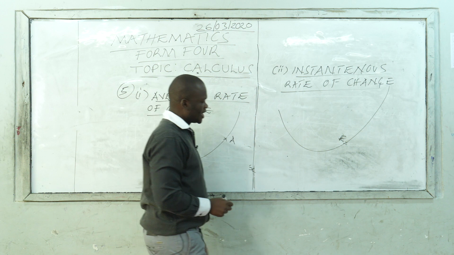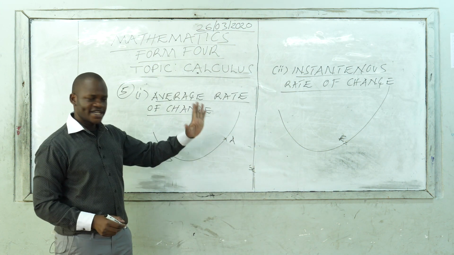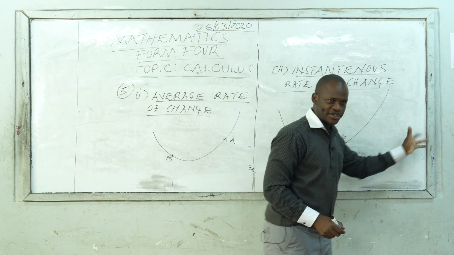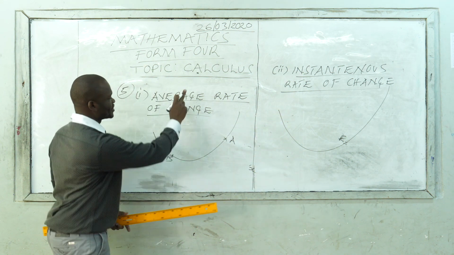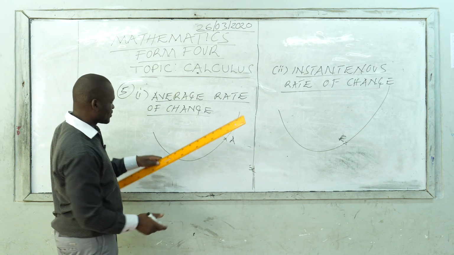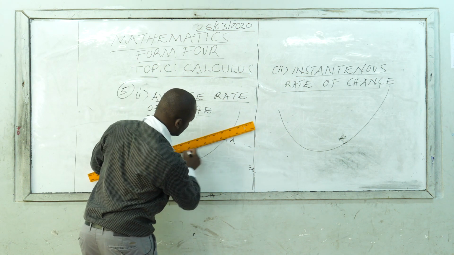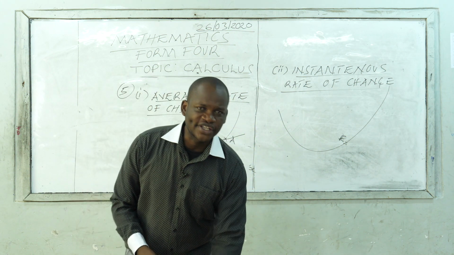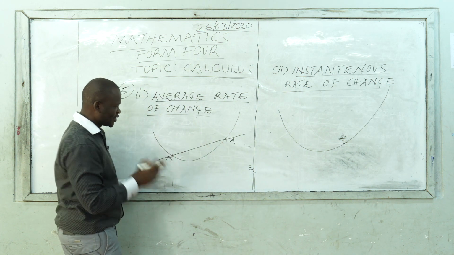Now we go to the other issue. How can we obtain average rate of change and instantaneous rate of change? Very, very simple. For the average rate of change, you take a ruler, connect the 2 points with a straight line. Then simply find the gradient of the line connecting the 2 points.